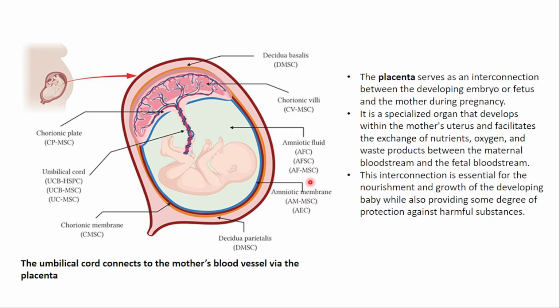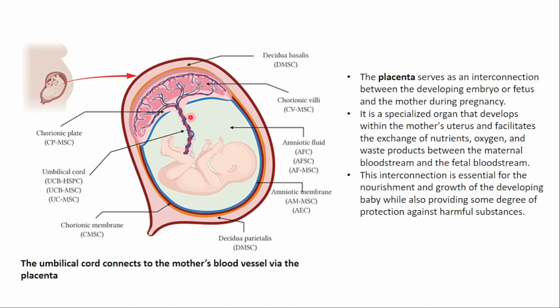Placenta is a villus interconnection between the developing embryo or fetus and the mother during pregnancy. So we have tissues from the mother and tissues from the fetus forming the interconnection of the placenta. Placenta is a specialized organ that develops within the mother's uterus and facilitates exchange of nutrients, oxygen, and waste products between the maternal bloodstream and the fetal bloodstream.